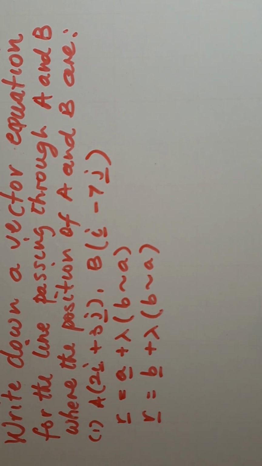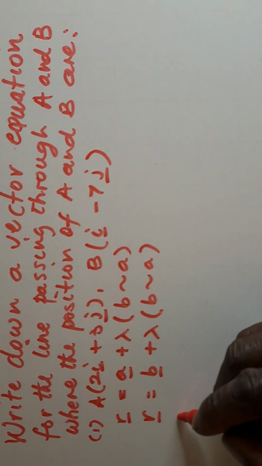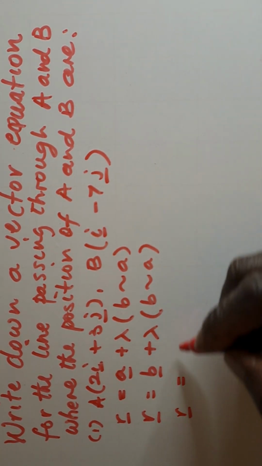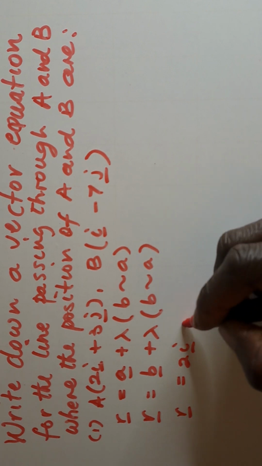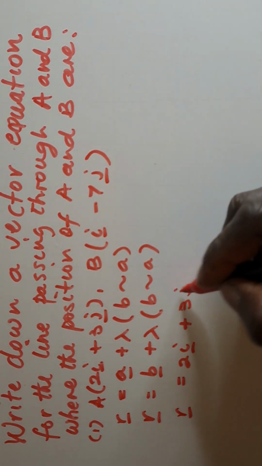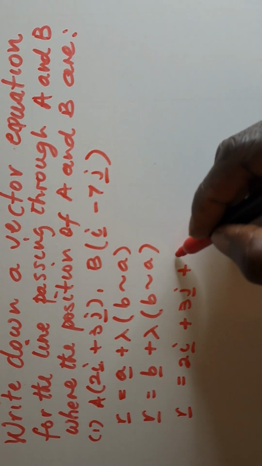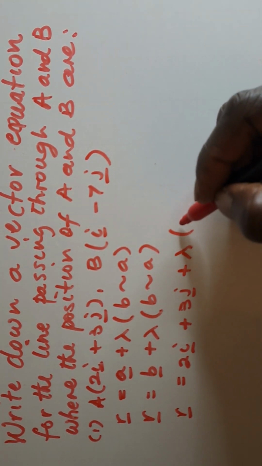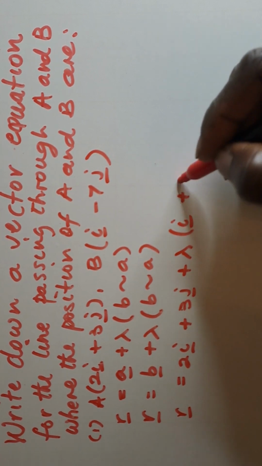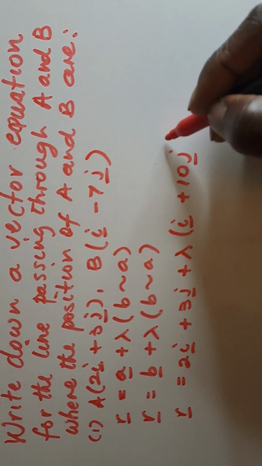I'll leave it to you to work out which form I'm using for each one of these problems we'll attempt to write down the vector equation for. Now the first is r equals 2i plus 3j plus lambda into i plus 10j.